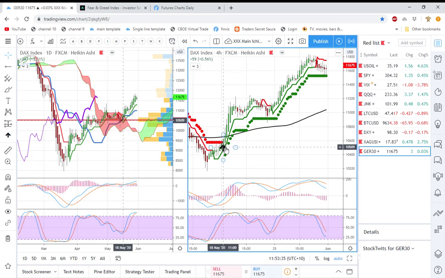About mid-May, there was a little false breakout there, and then it recovered out of the consolidation and broke out again there.